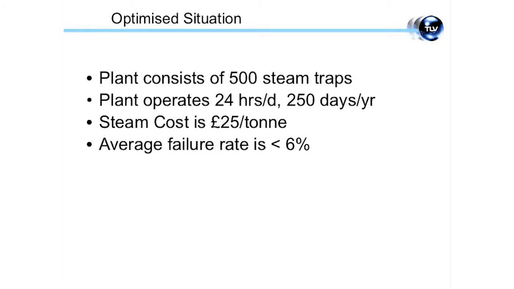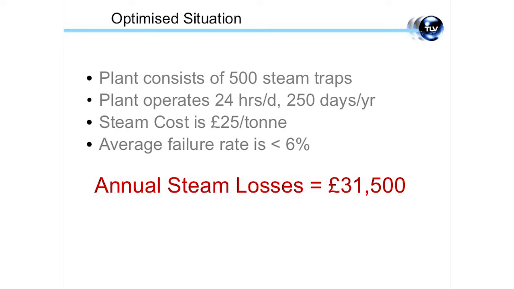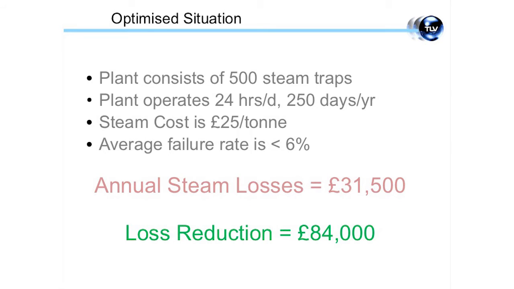If we optimise that system properly, we can get the failure rate down to less than 6%. By doing that, the losses fall to about £30,000, which is basically a benefit of £84,000. That's a pure financial benefit.